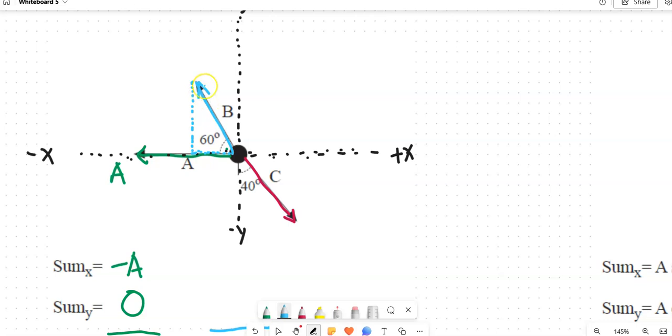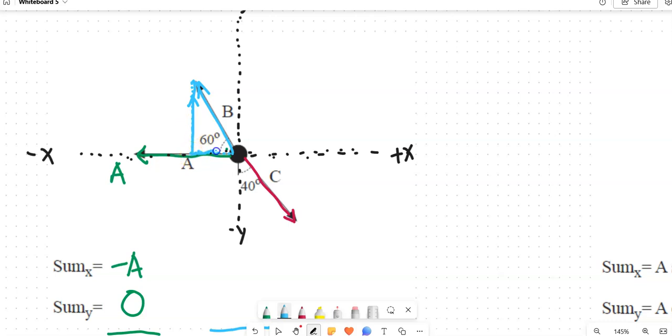If you notice, that hypotenuse vector is pointing up and to the left. Well, up would be the vertical part of that. So I'm going to make this solid, and I'm going to make this an upwards pointed vector. And that B vector, we describe this as pointing up and to the left, so it's also pointing to the left.